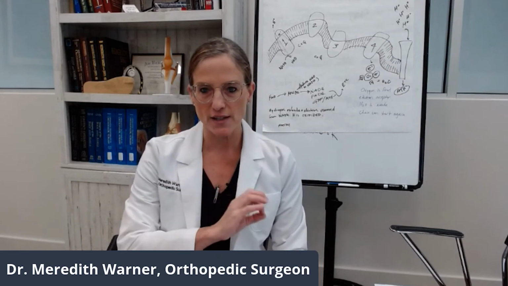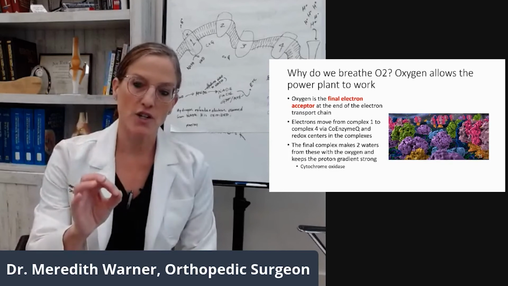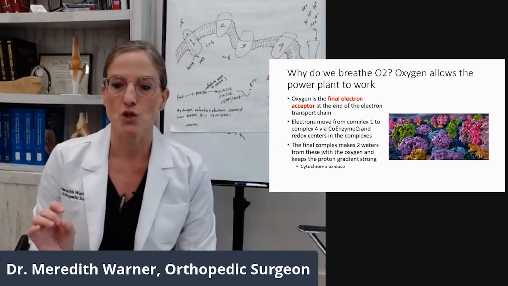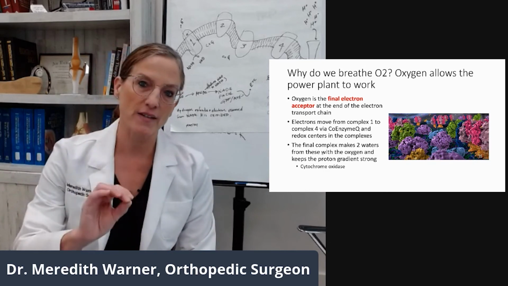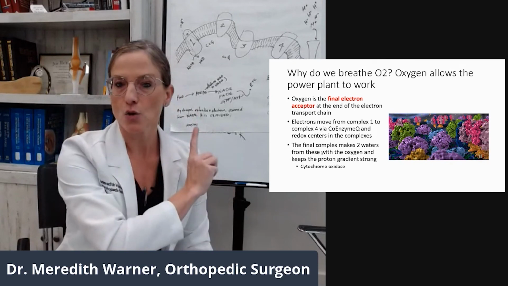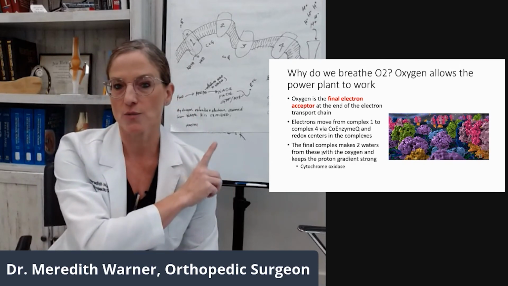There's some molecular reasons why O2 likes electrons and doesn't like electrons, but effectively at the end of the day, H2O is made, which is 2 positive protons plus the molecule of oxygen. So again, your electrons, which are the negatively charged things that we use for energy, because we're really just electrical plants, move from complex 1 to complex 4 by way of coenzyme Q and redox centers, and effectively transfer the energy from what started as bread or a piece of steak or a vegetable, right?